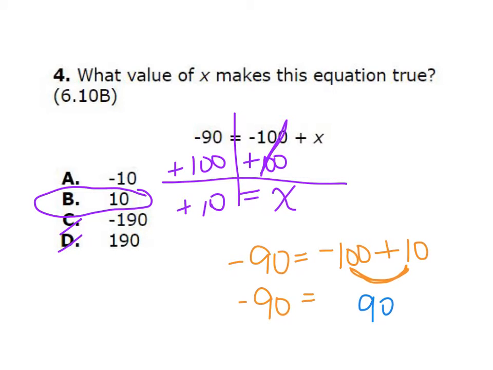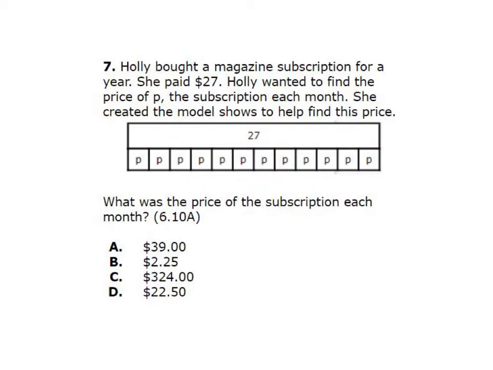And the one that you have more of is a negative, so my answer is going to be a negative. That means negative 90 does equal negative 90. So my answer is correct. It is letter B. Go ahead and stop the video and check your answers and explain your mistakes.